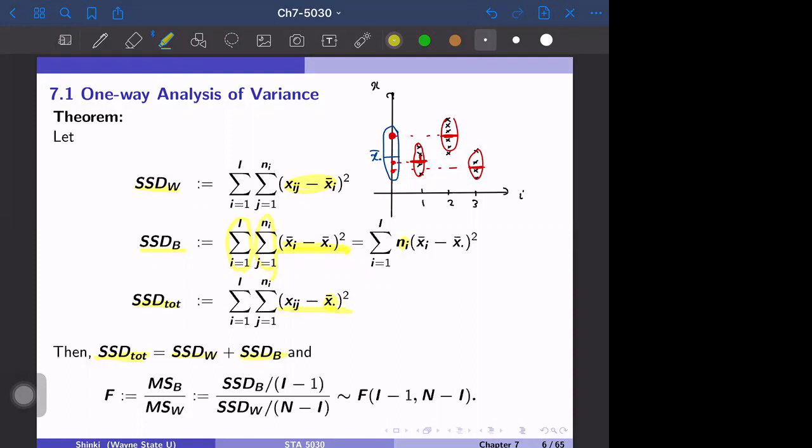The point is that if the groups are different, if the group means are different, then SS between is larger and SS within is relatively smaller.